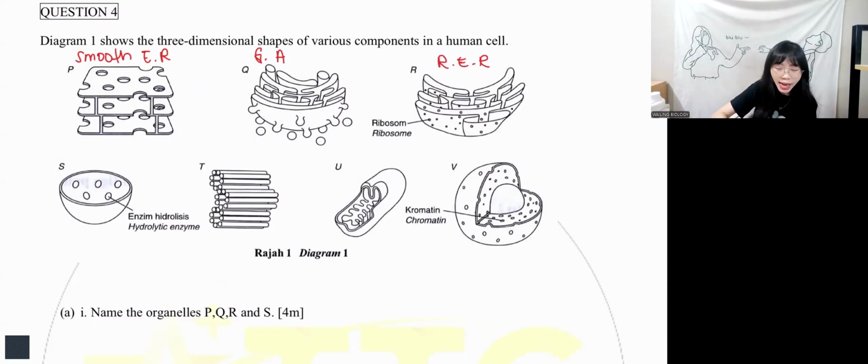S, this is a hydrolytic enzyme, so obviously this is a lysosome. T, this one quite obvious, you know what is T already. T is centrioles, correct? U is mitochondria. V is a nucleus.